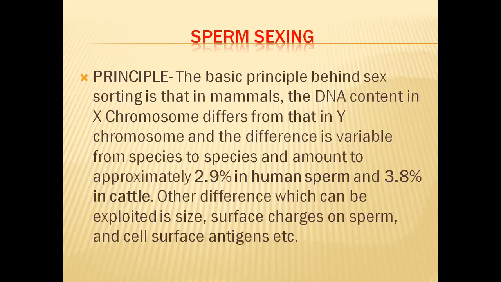So both types of sperms have different cell surface antigens, different surface electrical charges, differences in size, and differences in DNA content. These are the basis for separating these sperms into X and Y chromosomes.